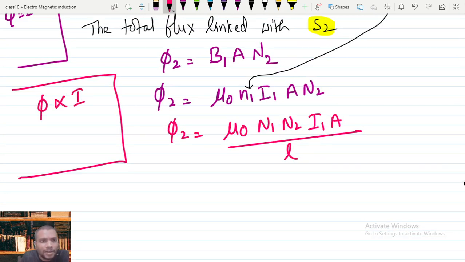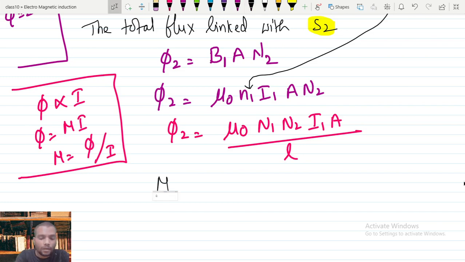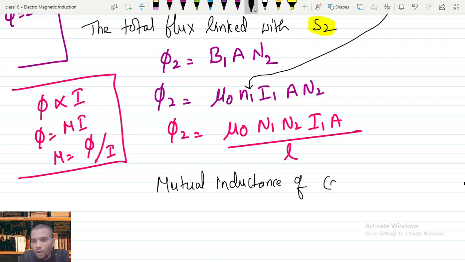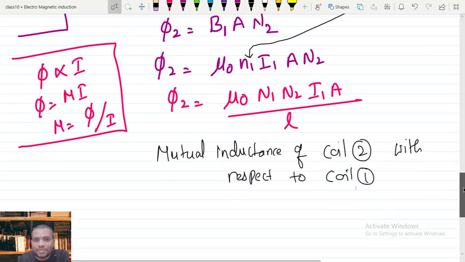Flux is directly proportional to current I. So flux equal to M times I. Therefore mutual inductance M equal to phi upon I. Now if you can write the mutual inductance, this time the mutual inductance of coil 2 with respect to coil 1. So this is exactly the opposite of the case we are dealing with.